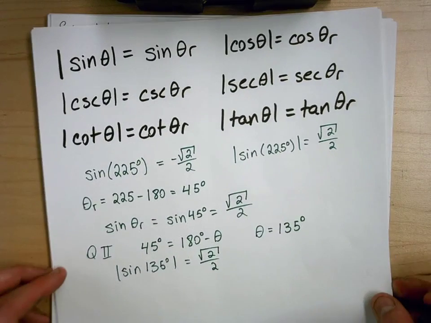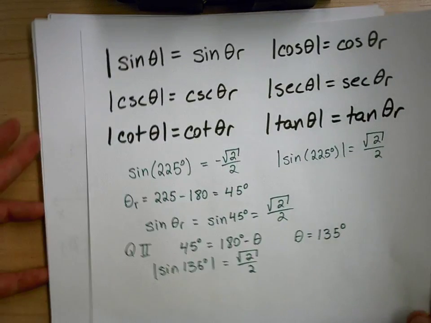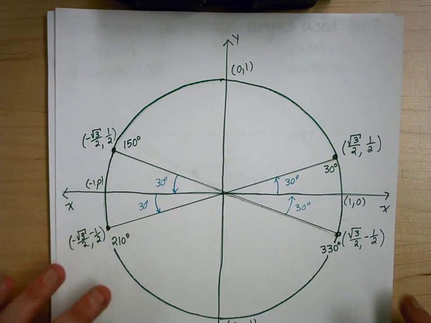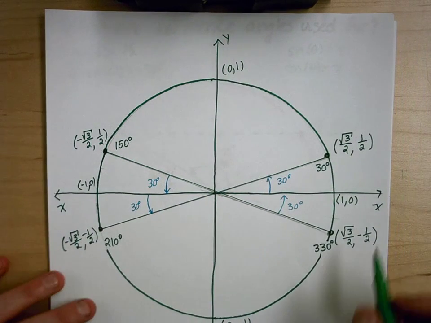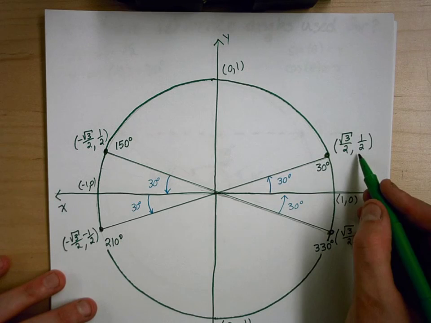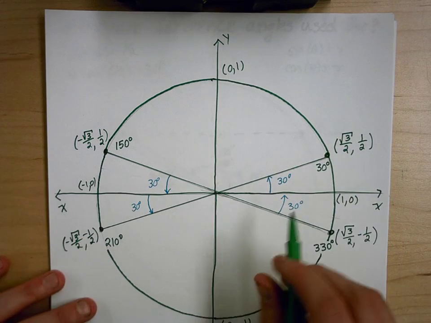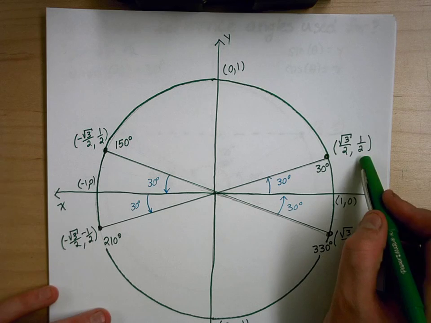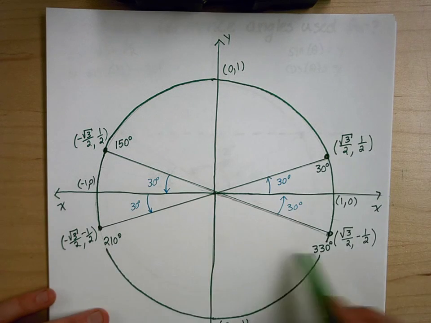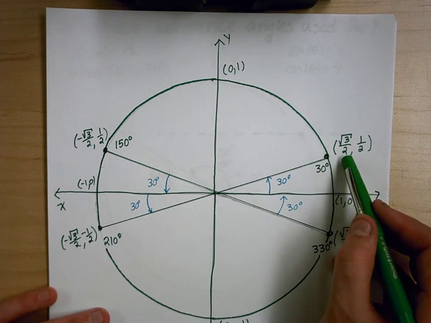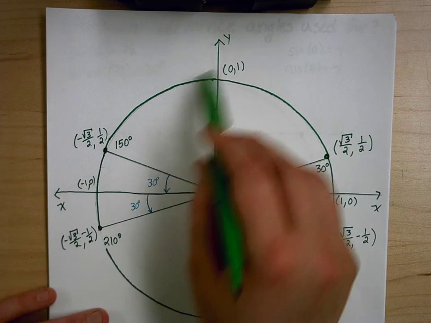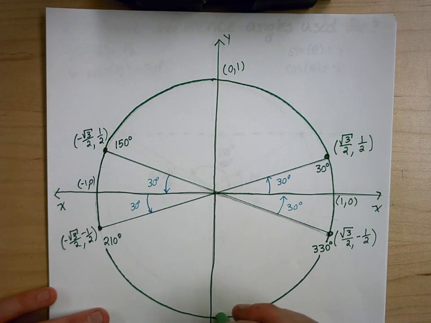Okay, so a little visual representation of what's going on here is that I'm always going to have 4 values on the unit circle that have the same absolute value for y, and that have the same absolute value for x, save for 1, 0 and these vertexes here.